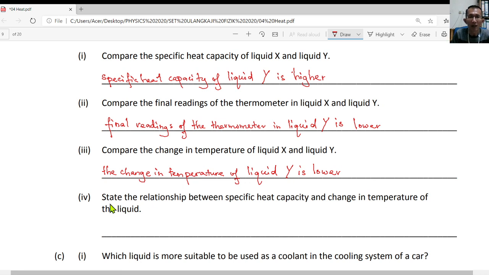Now state the relationship between specific heat capacity and change in the temperature of the liquid.